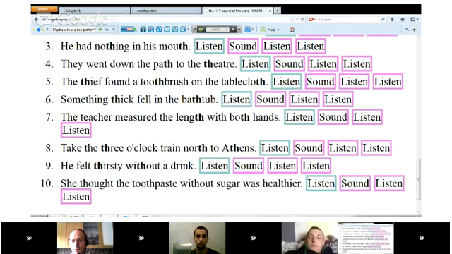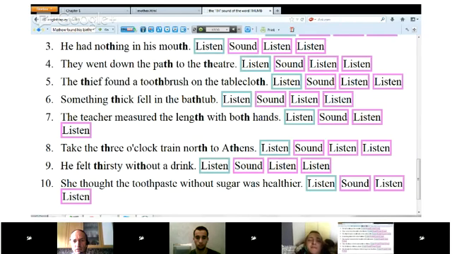So I said the first time round, something thick fell in the bathtub, and I heard something thick fail in the bathtub, and it should be fell. Yours is the other way now. So we need a train, and yours was a bit like tren. But this time we need to go the train way. So we need take the 3 o'clock train north to Athens. So just the word train. Once more, please. Train.